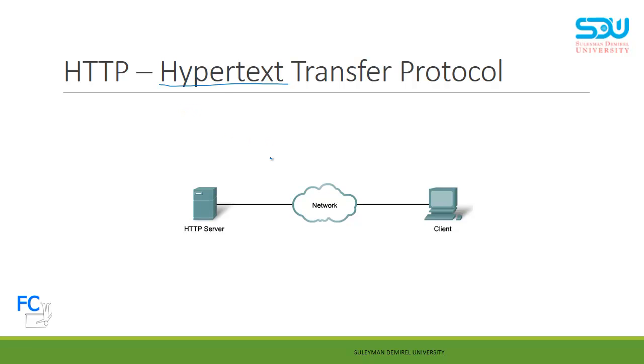When communication is done between client and server, the information which is traveling from server to client is called hypertext. And HTTP, the Hypertext Transfer Protocol, is the set of rules which makes the transportation of the hypertext.